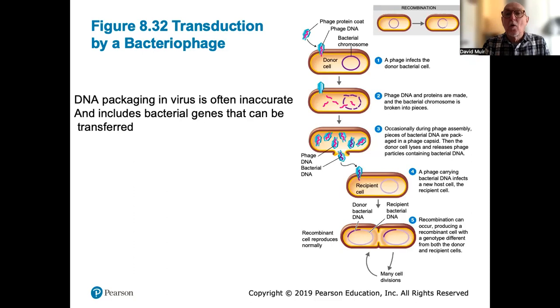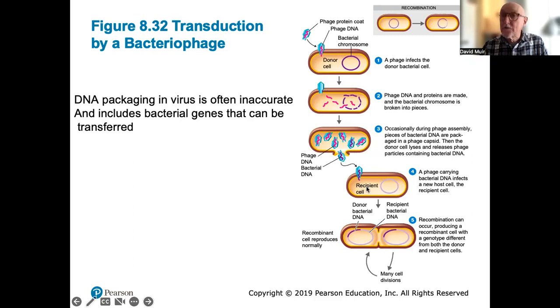But when they do this, it's relatively inaccurate. This packaging of DNA can be very inaccurate. And they end up packaging bits of the host genome. And they can then go to a cell, infect it, and instead of injecting the viral genome, they inject information from their original host.